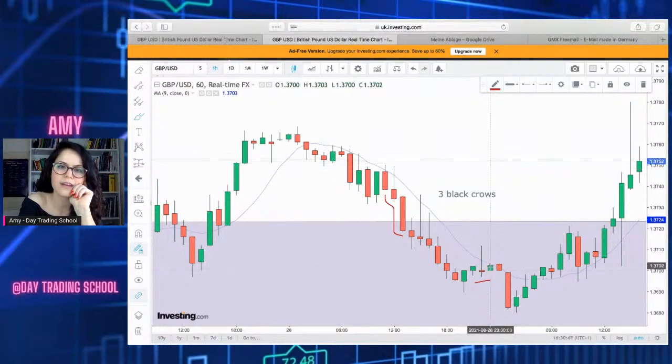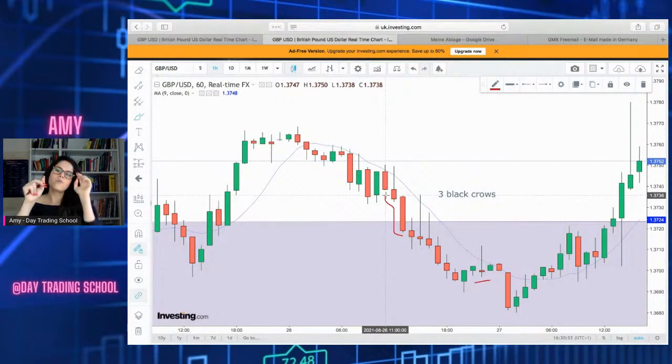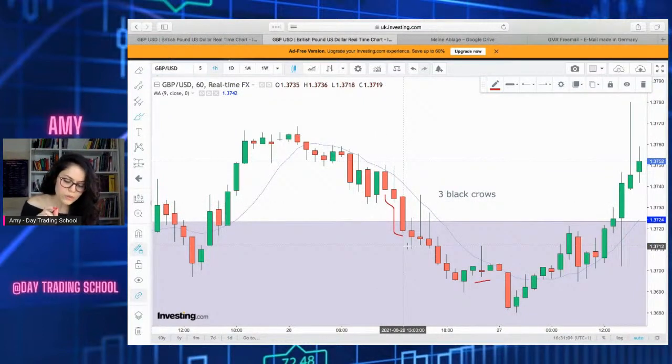The market has closed here and here the market has opened. Now, my question to you is, when you see these candlesticks, the ones that I have highlighted, where do the candlestick patterns occur? What is their exact location? And what do they actually mean? What do they express? And how reliable are they?